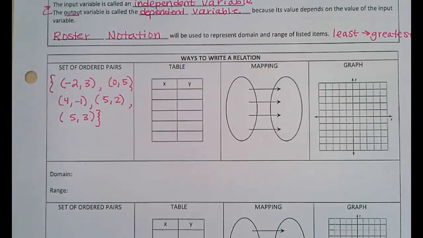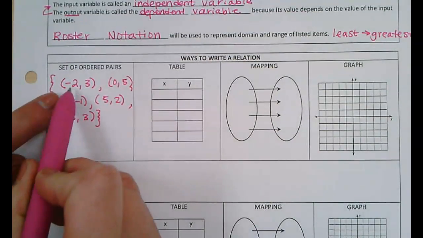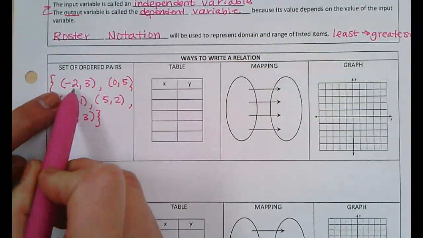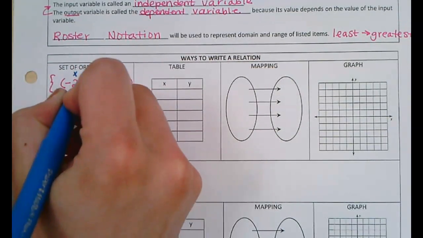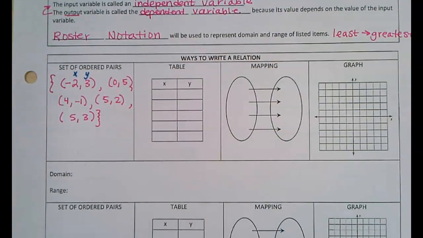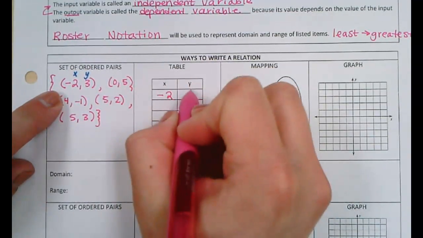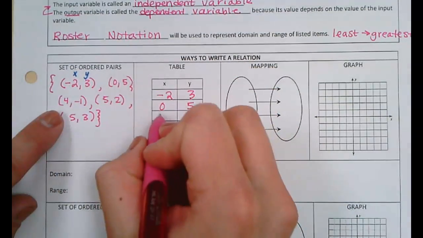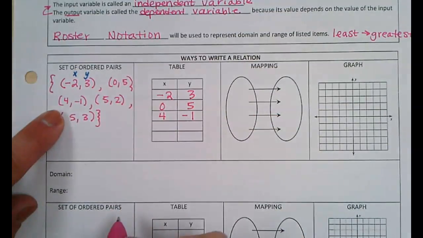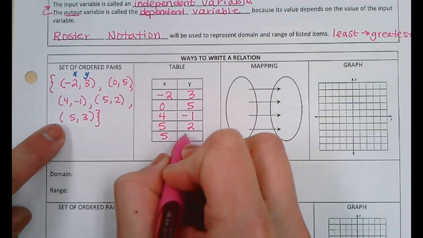All right, the next thing we're going to do with this set of ordered pairs is list them off as a table, our x and our y values. Notice, like I said before, these are always x and y as your ordered pairs if you want to go ahead and label that. X and y if you've forgotten from past years. So I'm going to list these off as -2, 3, 0, 5, 4, -1, 5, 2, and 5, 3.